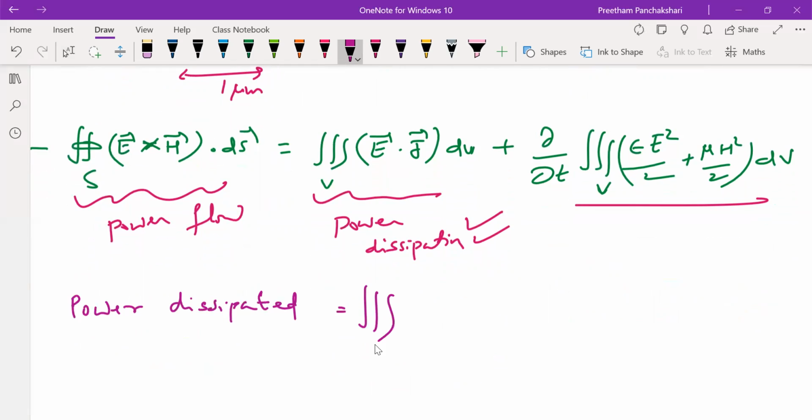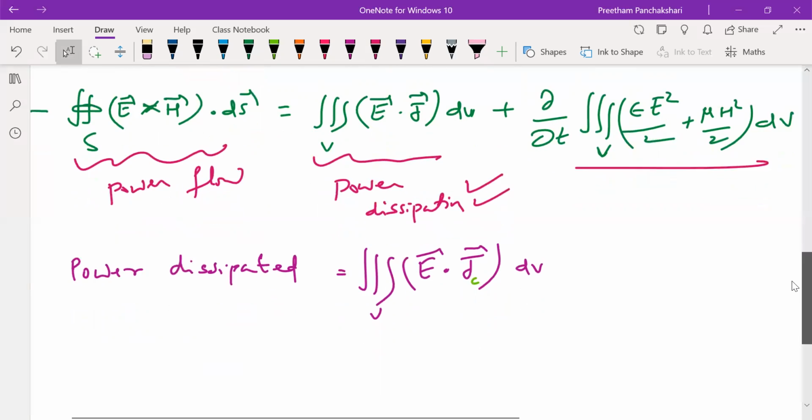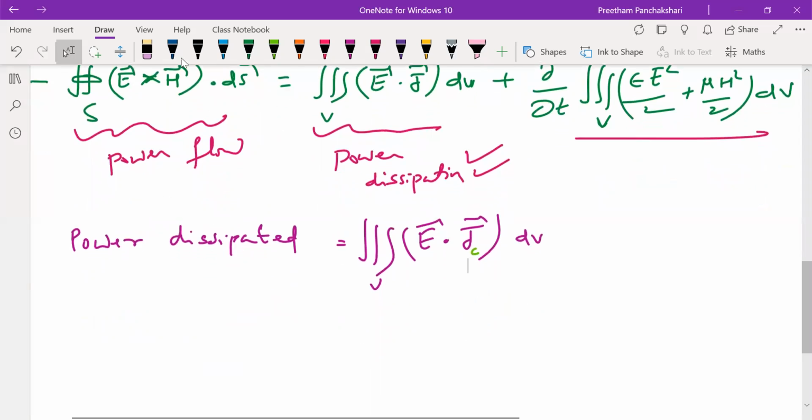is equal to volume integration of E dot J into dV. Here J is the conduction current density. If you want, we can put the subscript C for conduction current density. So we need E and J for this particular problem. E is given in the numerical itself.